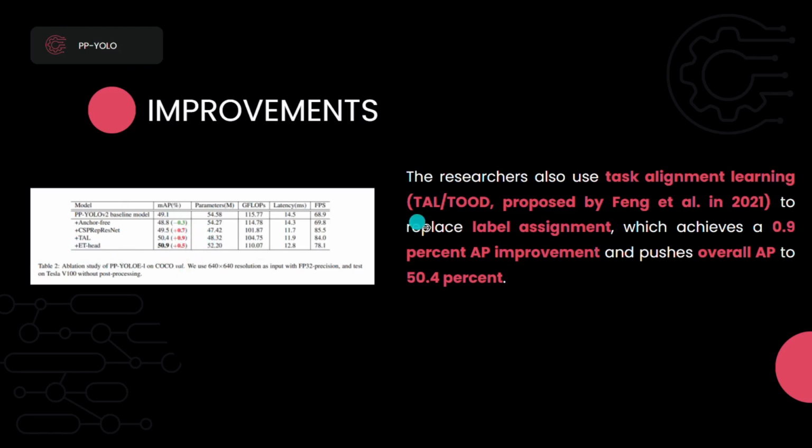And after implementing task alignment learning for label assignment, they also got an improvement of 0.9. And finally, we will talk about the ET head, which also gave them an improvement of 0.5.